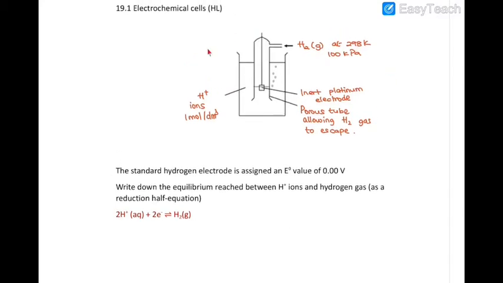So this is the standard hydrogen electrode, which can be connected to any other half cell to find the cell potential of any other metal. So these conditions, you should know them. You should also know the concentration and these.